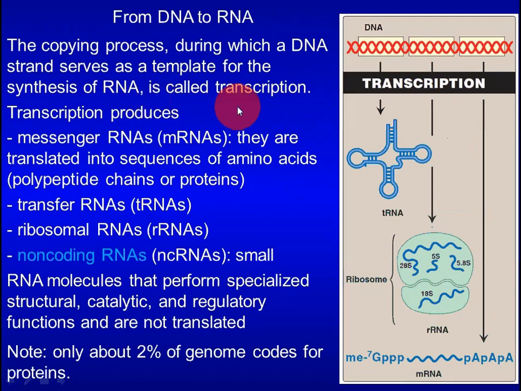Transcription produces messenger RNA or mRNA, transfer RNAs or tRNAs, ribosomal RNAs or rRNAs, and non-coding RNAs. Non-coding RNAs are not translated into protein, but they perform specialized structural, catalytic, and regulatory functions.